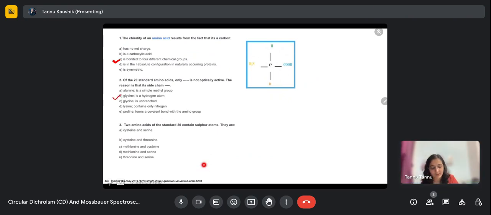Okay, ma'am. Okay. So the next question is, two amino acids of the standard 20 contain sulfur atoms. They are, so now we only discussed the 20 amino acids. Tell me which of them have a sulfur atom. Option C. Methionine and cysteine. Very good.